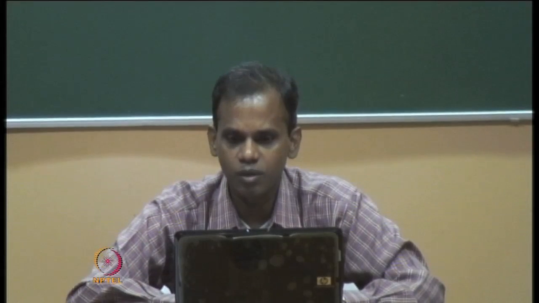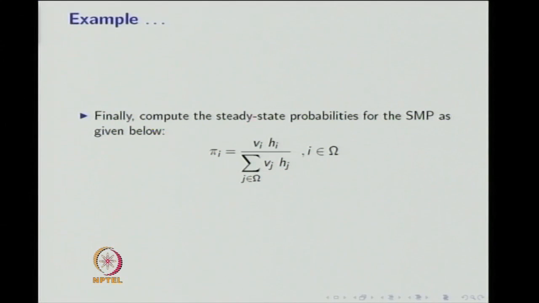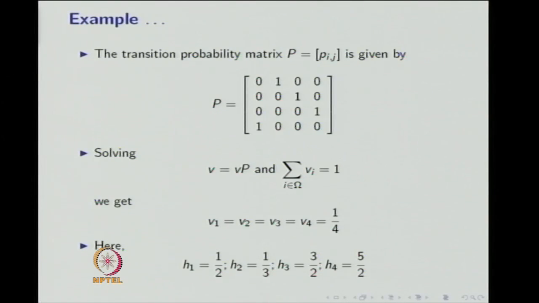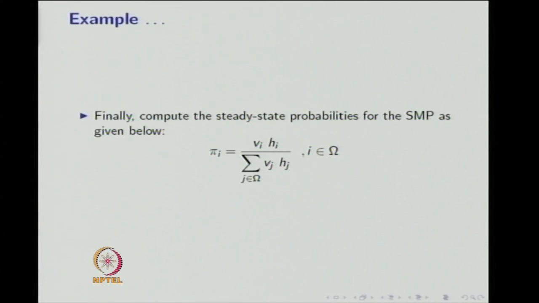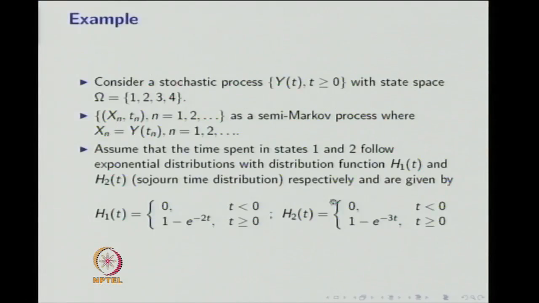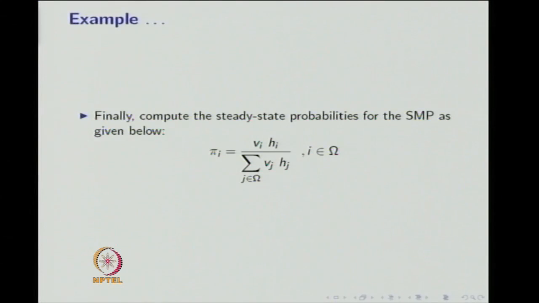Finally, compute the steady state probabilities of the semi-Markov process using the V_i's and H_i's. The V_i's are 1 by 4, and H1 is 1 by 2, H2 is 1 by 3, H3 is 3 by 2, H4 is 5 by 2. You substitute the values in this equation to get the steady state probabilities of the semi-Markov process.